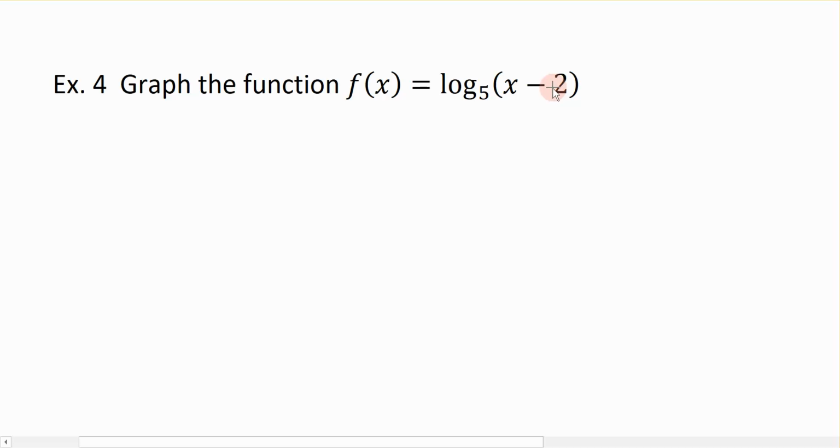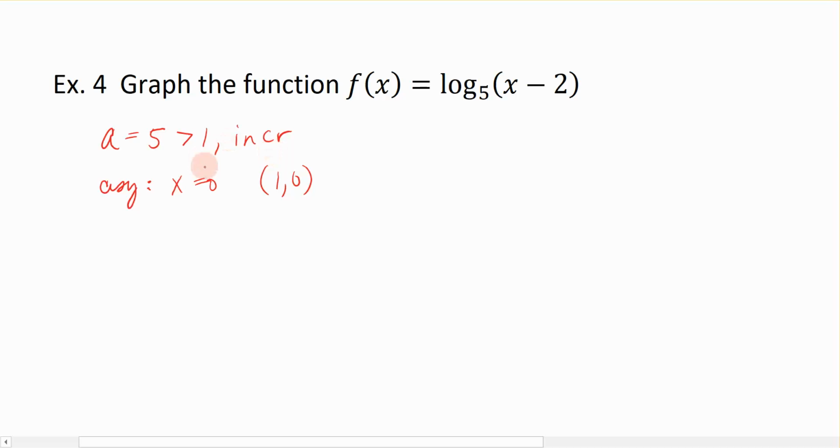First, we want to identify what my base a is, because remember that tells me whether my function is increasing or decreasing. So my base a is 5, which is obviously greater than 1, so this is an increasing function. I know that I have an asymptote occurring at x is equal to 0, and I have an x-intercept at (1, 0).